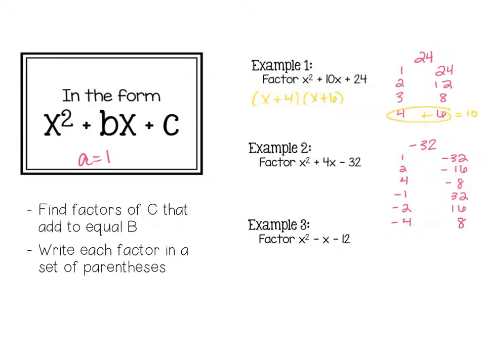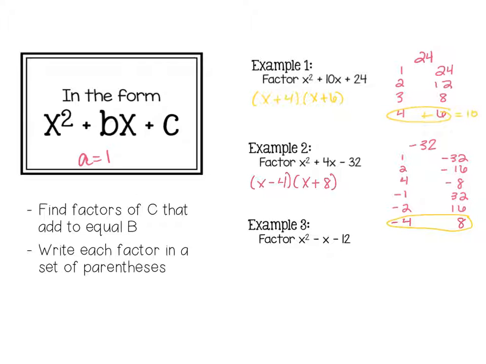And I have to look and see which one is going to add up to give me positive 4. And that's going to be negative 4 and positive 8. So this will factor into x minus 4 and x plus 8. Now I want you to try the third one on your own, and then we will go over it.